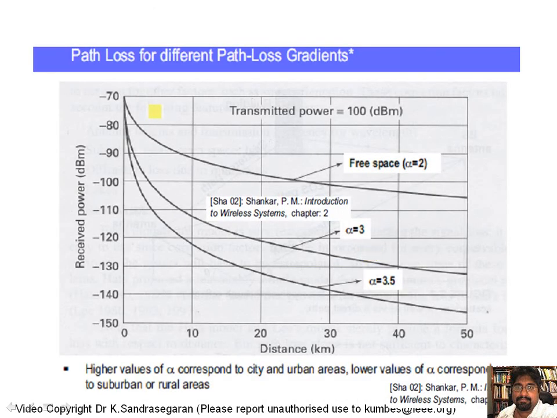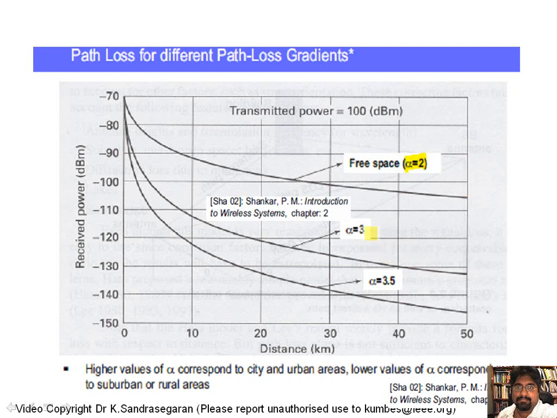Now we saw a graph earlier showing how the received power varies with respect to distance. For example, in the case of free space, when that coefficient gamma was equal to 2, you would get a received power signal represented in this form as a function of distance.